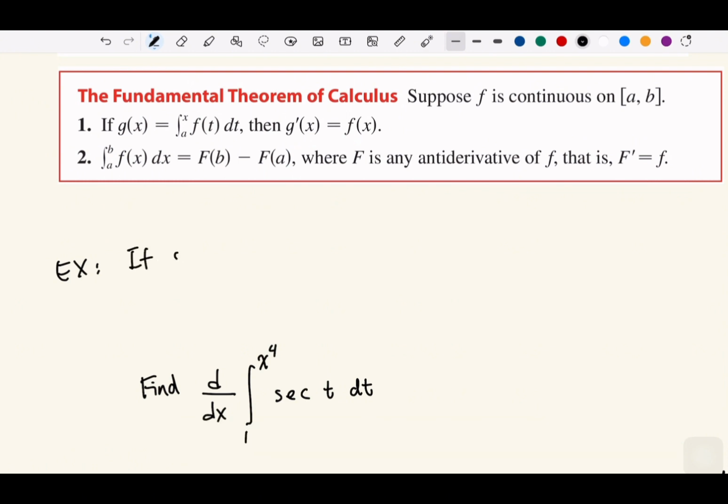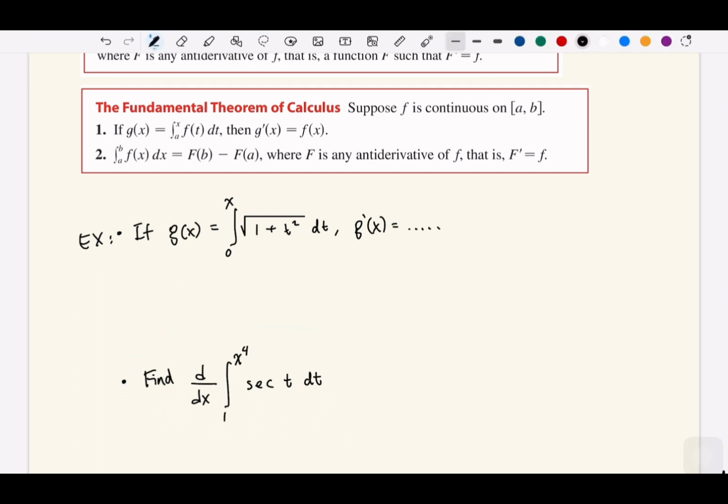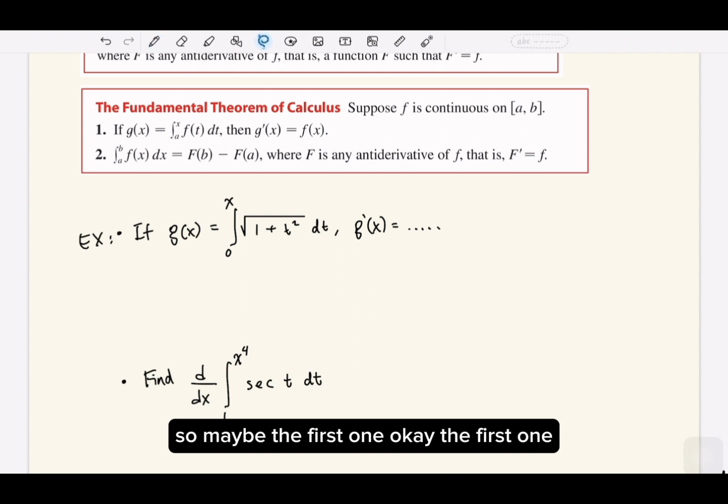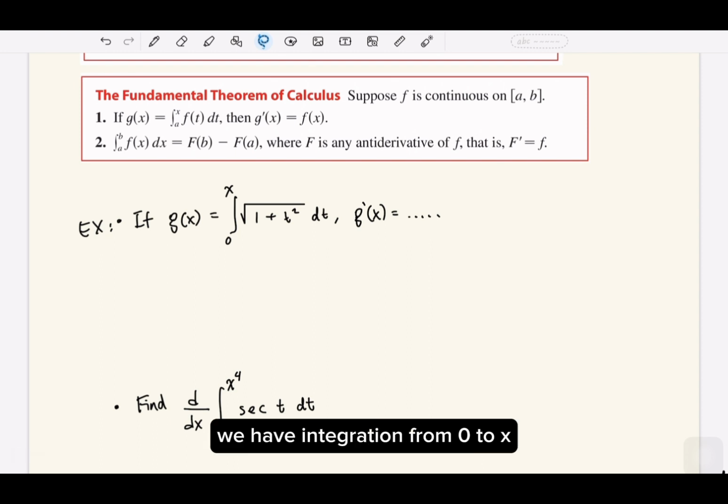So we have two questions. So maybe the first one, the number 1, we have integration from 0 to x of the square root of 1 plus t squared dt.